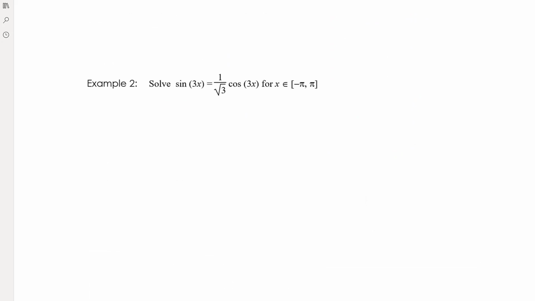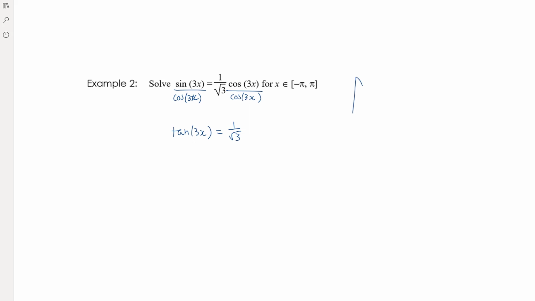Yep. So again, thinking about using the fact that sine divided by cos is tan. If we divide both sides here by cos of 3x, we're going to get left with tan of 3x on the left-hand side, and we're going to get 1 on root 3 times 1, so just 1 on root 3 on the right-hand side.